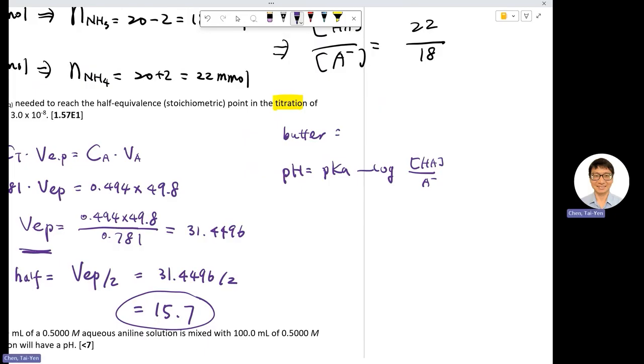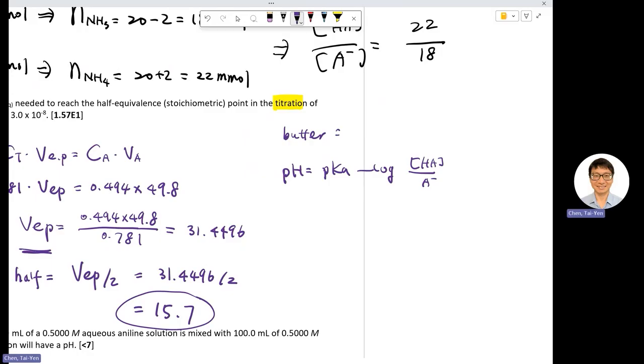It's a very interesting question. If you think through it, it becomes super easy. So what does equivalence point mean? You have the same amount of titrant and analyte, right? In the beginning, you have all weak acid. Once you hit your equivalence point, all the weak acid will be consumed by your titrant, so all you have will be its conjugate base. In that case, the A minus concentration can be computed. But here we are at the half equivalence point.